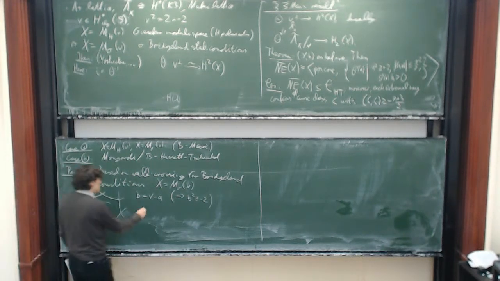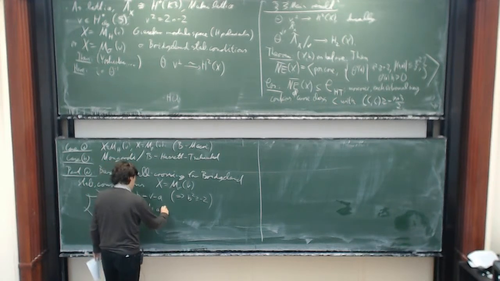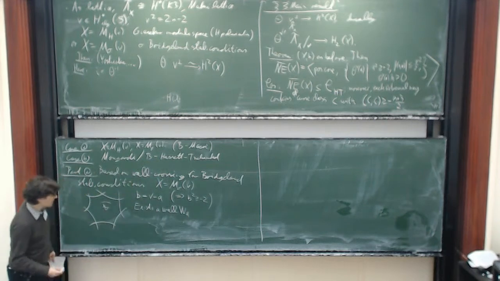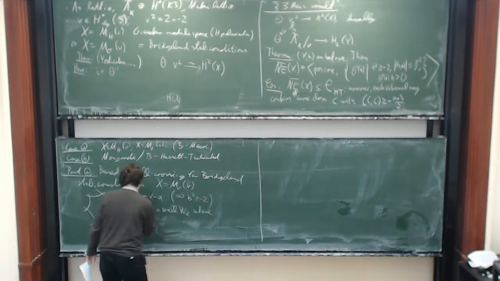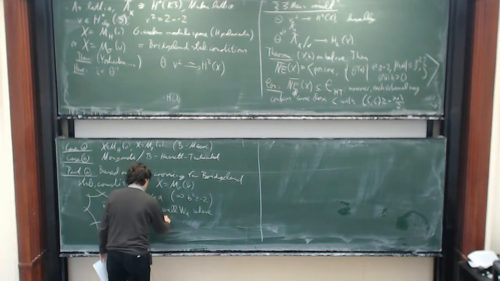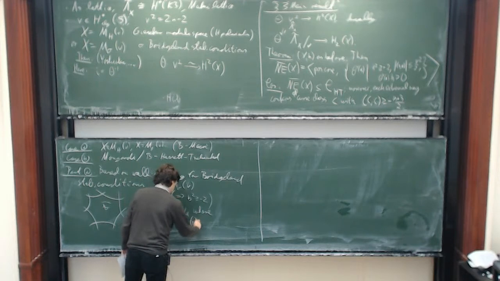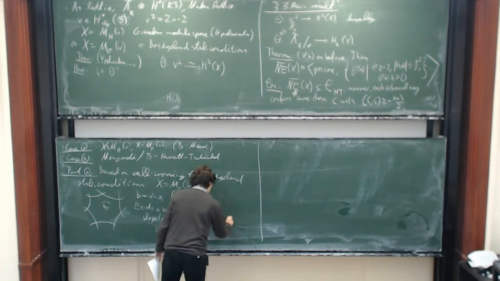And then there exists a wall W_A in the space of stability conditions where the slope of objects of class A is equal to the slope of objects of class V, which is equal to the slope of objects of class B.